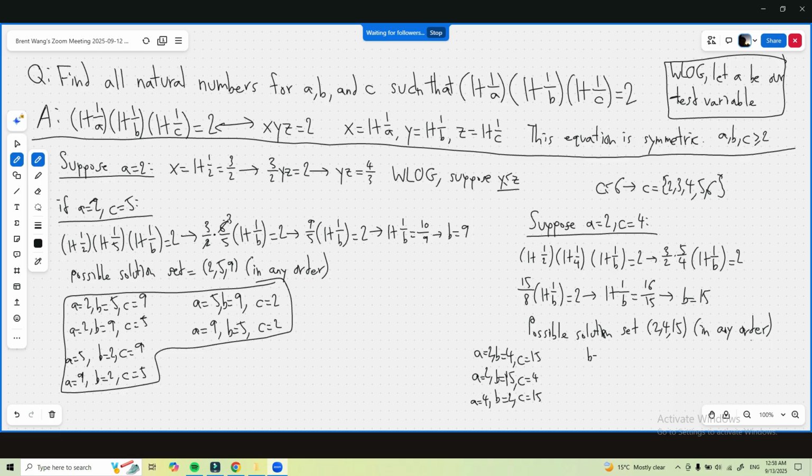If B equals 2, A equals 15, and C equals 4. And the last two: C equals 4, A equals 4, B equals 15, and A equals 15, B equals 4, and C equals 2.